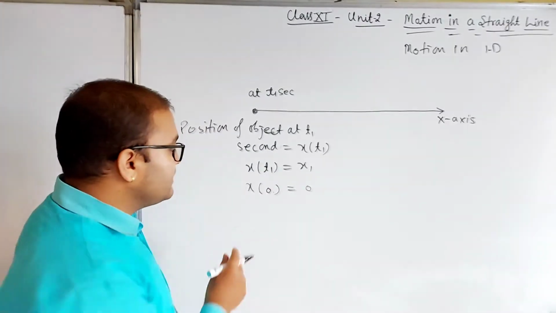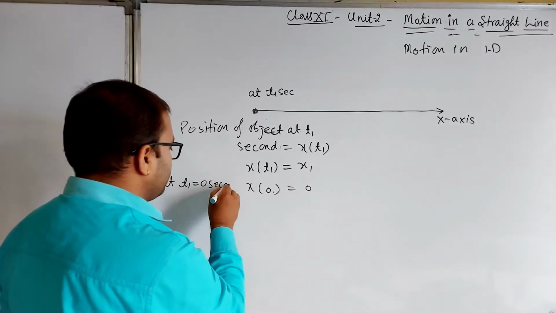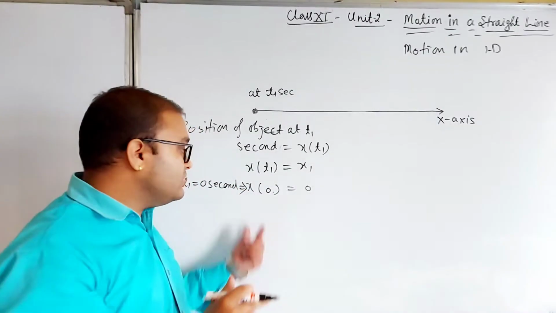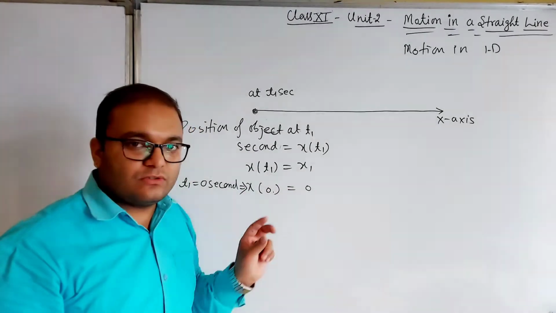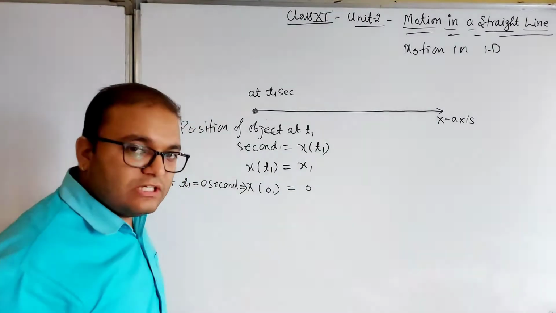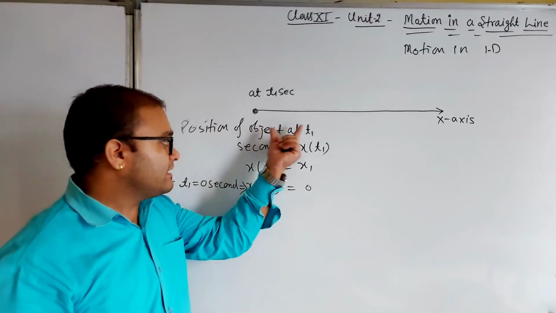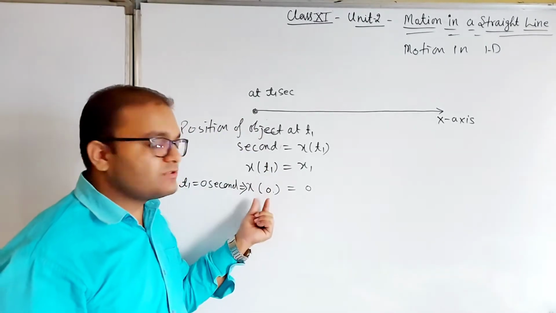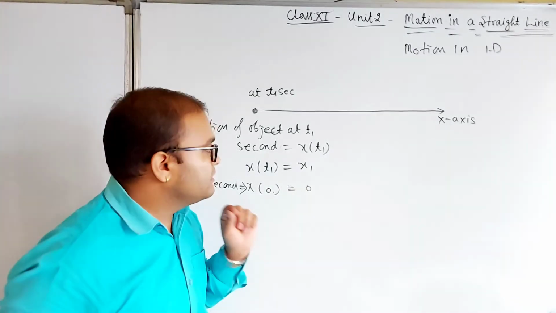This is not the meaning that x is multiplied by 0 equal to 0. The meaning is that the position of the object at 0 second is 0. Okay. So here simply we can write the position of object at t1 second as x(t1), or x(t1) equal to x1. Suppose t1 is 0 second, we just started our stopwatch. Okay, so x(0) equal to 0.